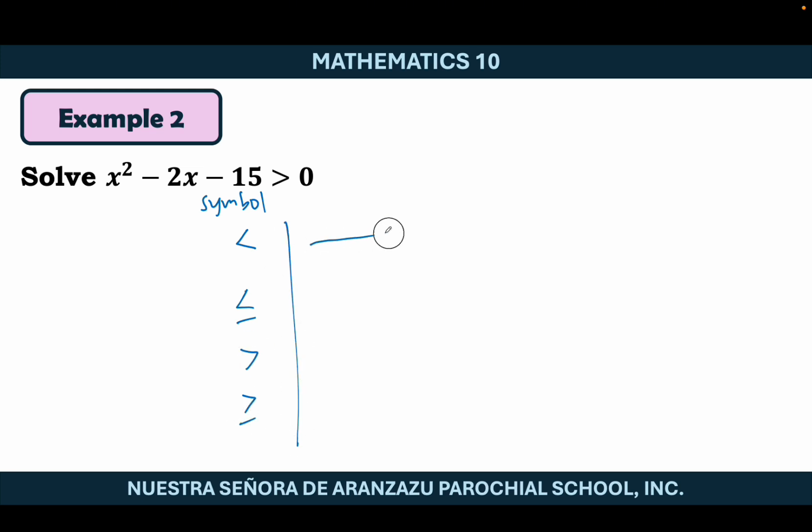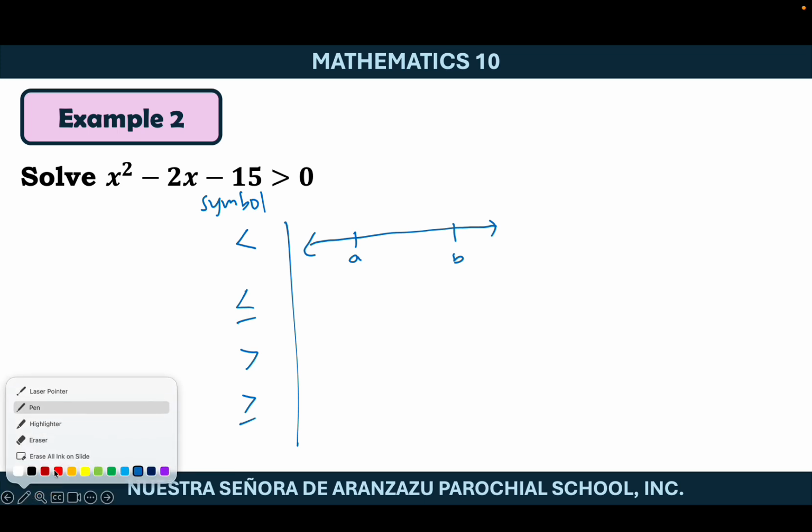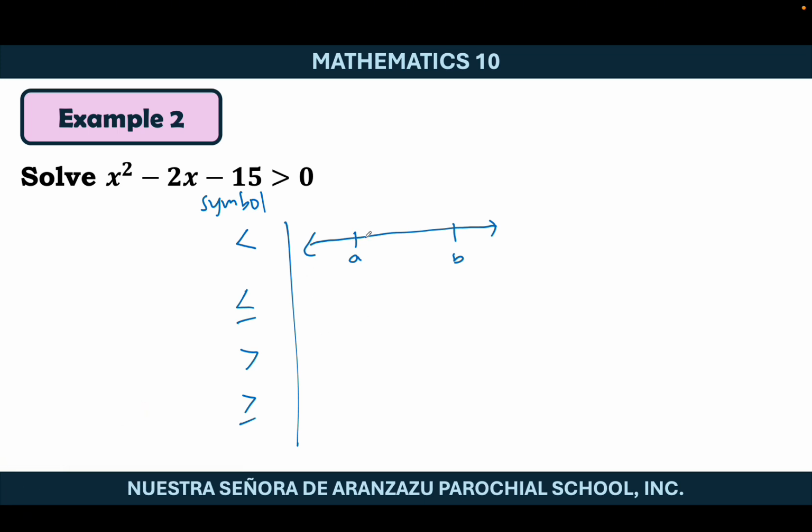Okay, sa graph nyo, di ba laging dalawa yung x? So, if you have a, yung isang value na x, and another value of x, kapag less than, ang merong shade dyan is yung in between nila. Lagi yun. Di ba kanina yung first example natin sa quadratic inequality, less than, ito rin yung may shade.